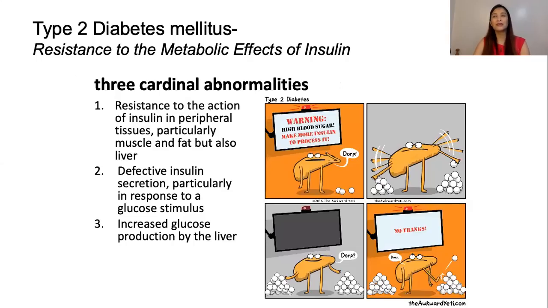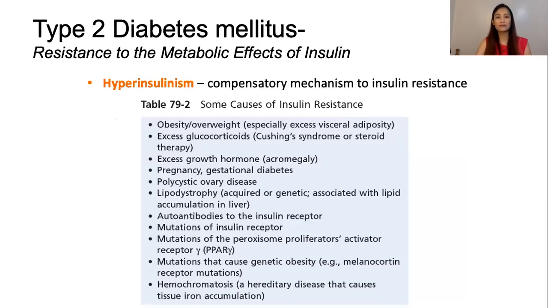Eventually, when your beta cells are exhausted from trying to produce a lot of insulin to lower your blood glucose, they also die, and these patients will have some form of insulin deficiency as well. When a patient with chronic type 2 diabetes mellitus develops insulin deficiency, they need insulin injections.